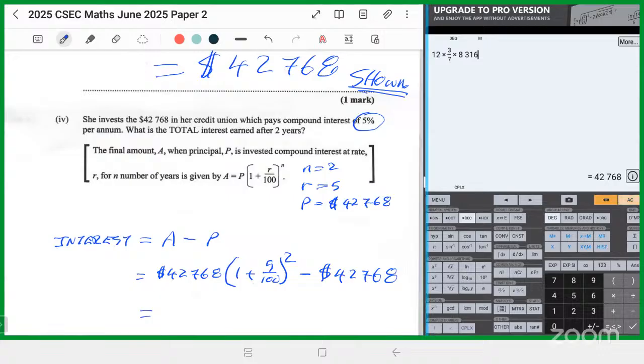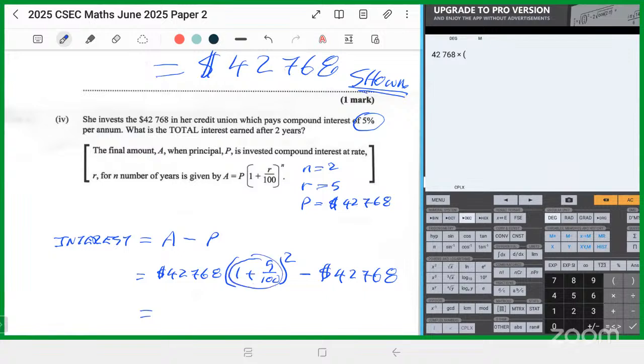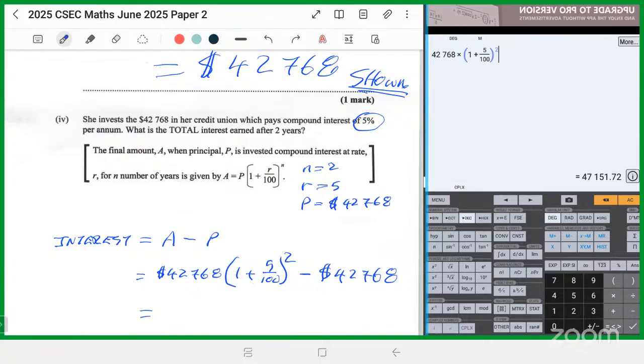All right, and do a calculation. Yes, let's do it. Let's put everything in the calculator. It's 42,768 times bracket, this really becomes 1.05. We can put it as 1 plus 5 over 100, close the bracket, square that for the 2 years, then subtract the amount that was invested, 42,768.